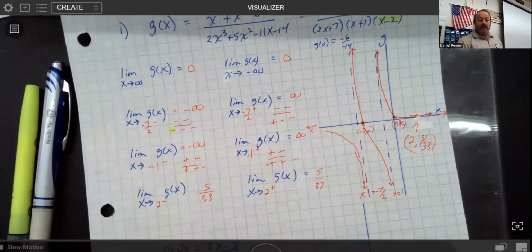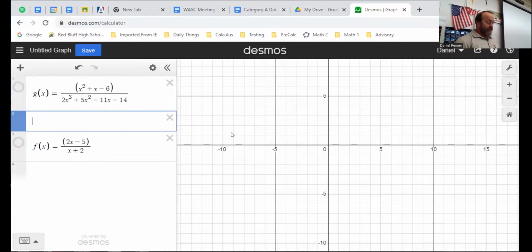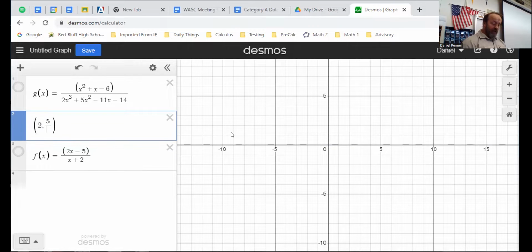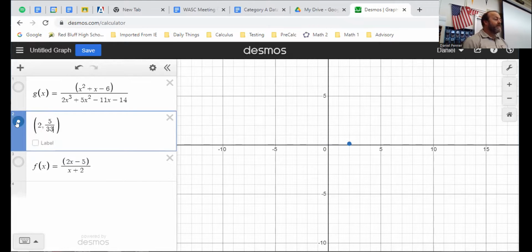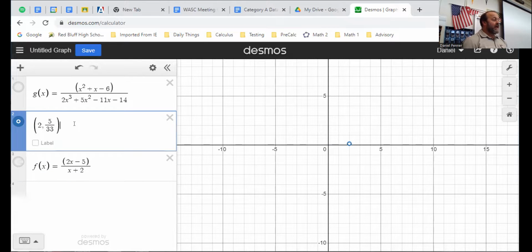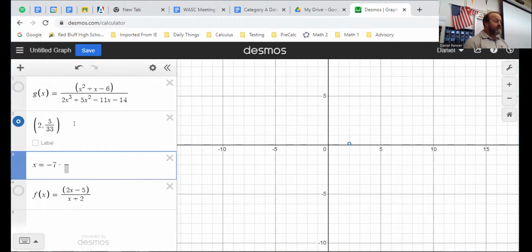Now, I did think it would be a good idea to go ahead and look at our friend Desmos and put in some of the information that we discussed. So right off the bat, notice I thought that we had a removable discontinuity at 2 comma 5 over 33. And I'm going to put an open circle there. I figured out that I had a vertical asymptote at x equals -7/2.